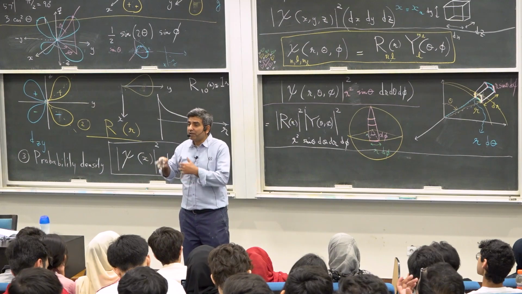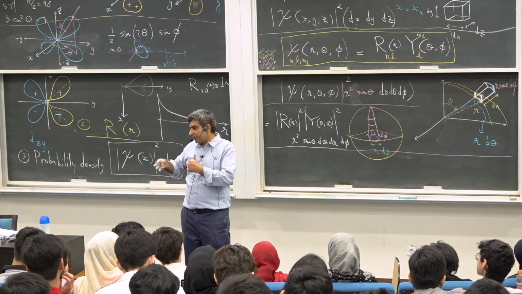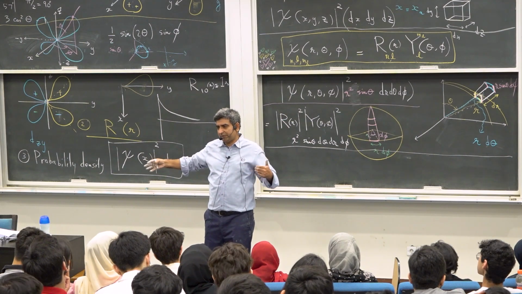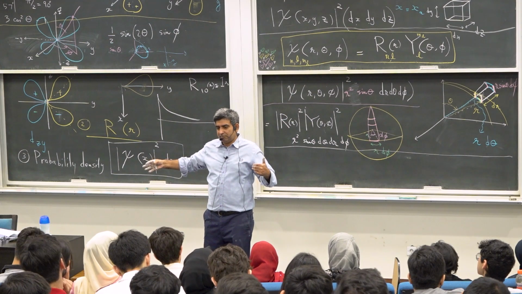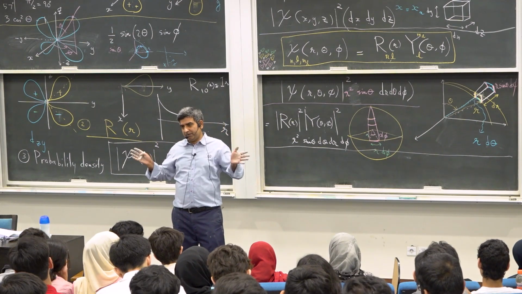Which means, how does the probability density look as I change r, as I move further away from the nucleus? And I really don't care about my theta and phi.